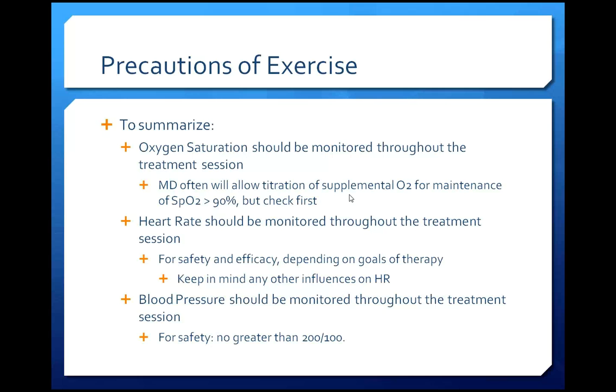So again, out there in internet land, if you can still hear me, Brett, have a note stating 200 over 100 is a good stop for resting. If the resting blood pressure is at that point, either 200 or 100, then that is a contraindication for exercise.